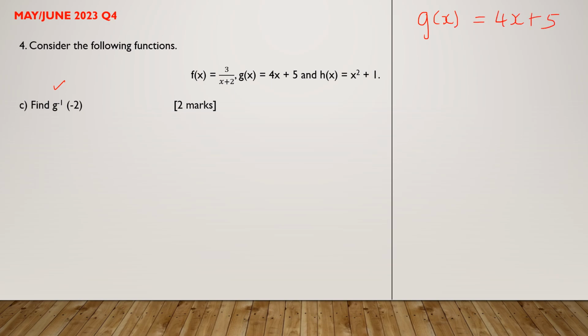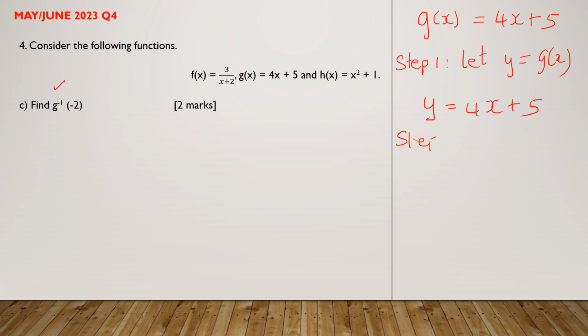We have to find the inverse. Step 1: let y equal g of x. So we're going to say y is equal to 4x plus 5.